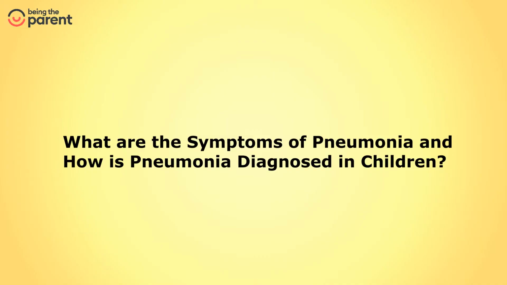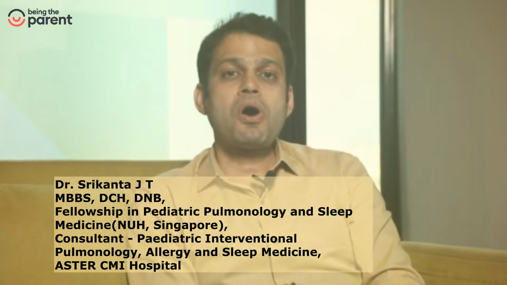What are the symptoms of pneumonia and how is pneumonia diagnosed in children? The commonest symptom of pneumonia is, number 1, fever, which is a high-grade, unrelenting fever depending on the organism. It can be viral as well as bacterial. If it is viral, especially influenza, adenovirus, RSV infections, or Streptococcus pneumoniae or Staphylococcus aureus, you will have fever which is insidious in onset.